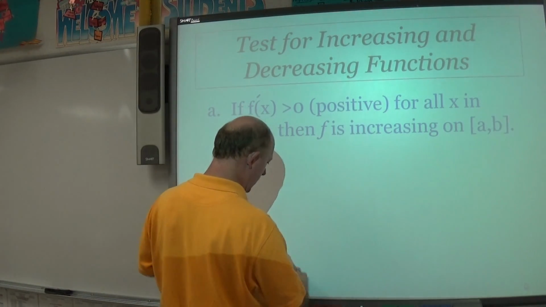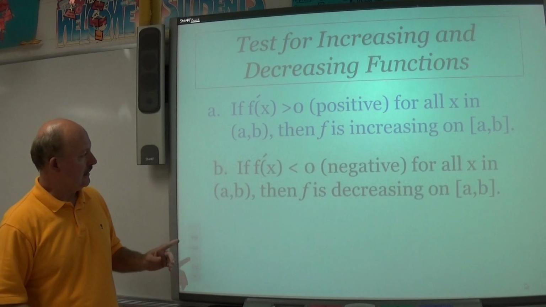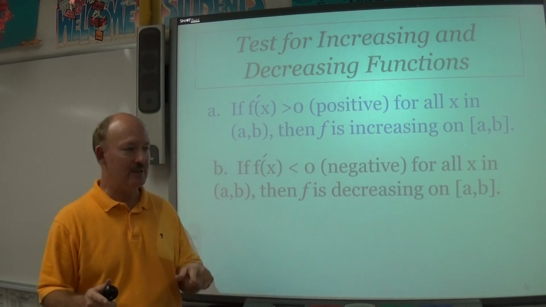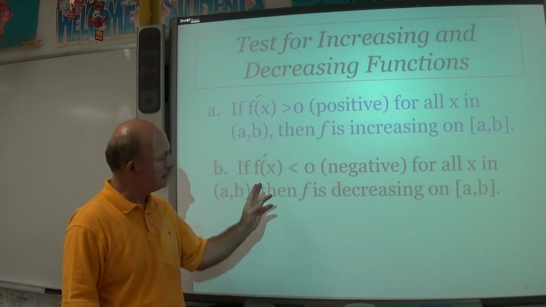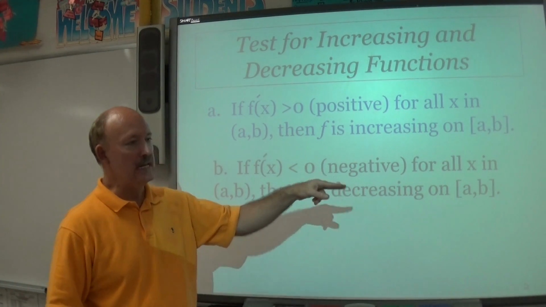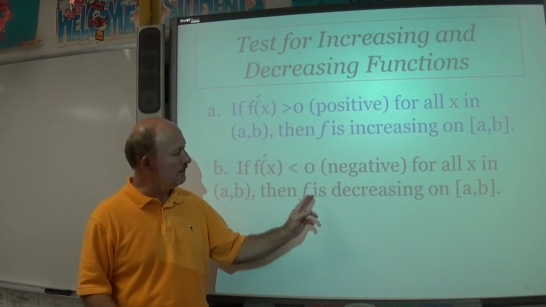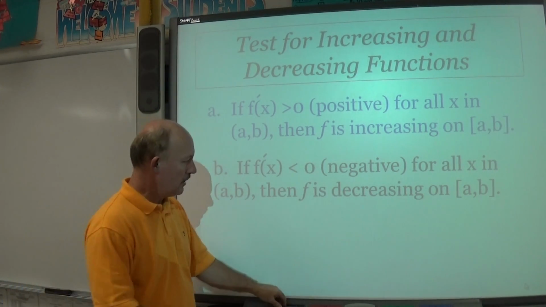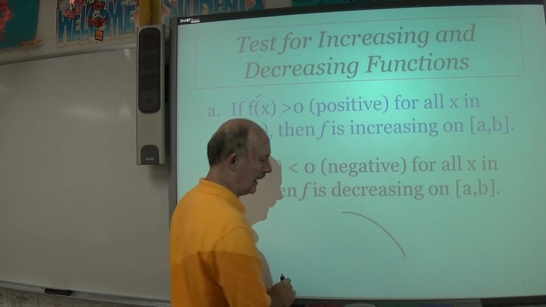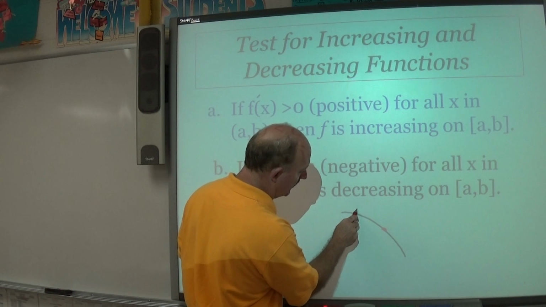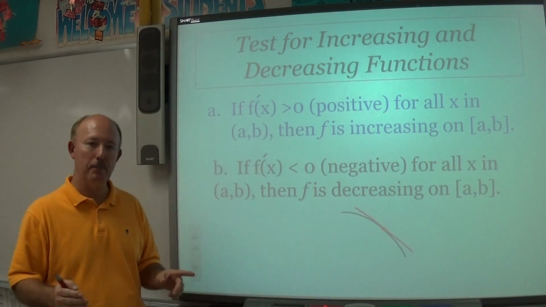All right, now the second part of this, if the derivative is negative, so if f prime is less than 0, so the derivative is negative on an interval from a to b, then f is decreasing. So the function itself has to be decreasing. So if the derivative is negative, then the graph has to be decreasing. So if you look at a curve, like so, you pick out any point on the curve, you draw a tangent line to the graph at that particular point.